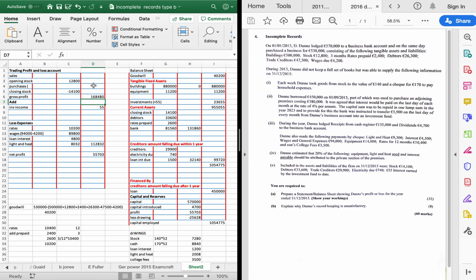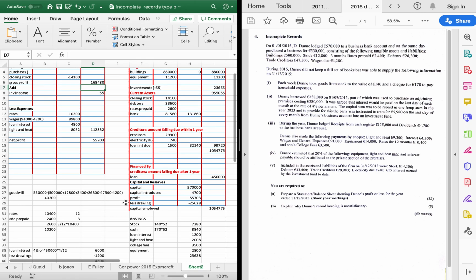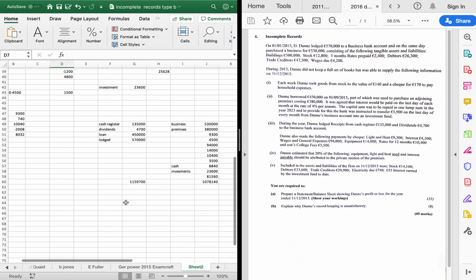But that's it. So hopefully that was some bit of use to you, especially that bank working. Just be aware, anything that's lodged, any time where it says lodged, you put them on the left, and any payments from a bank account, put them on the right, and obviously just balance it.